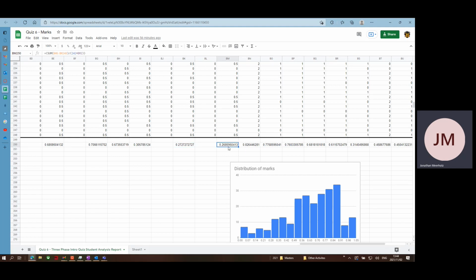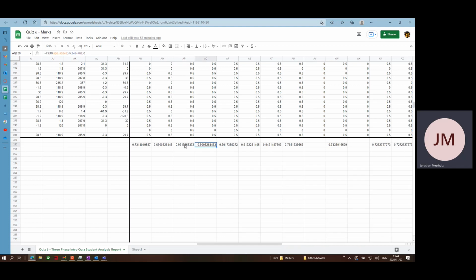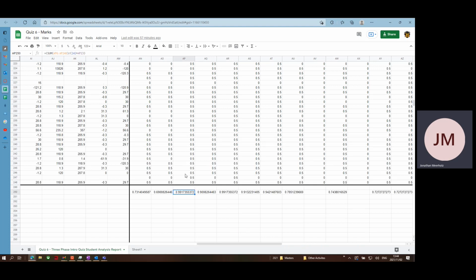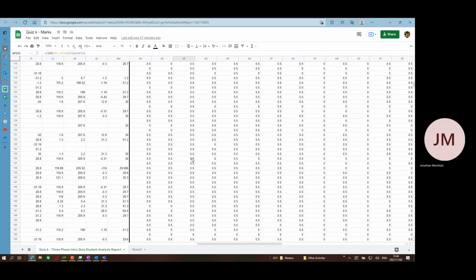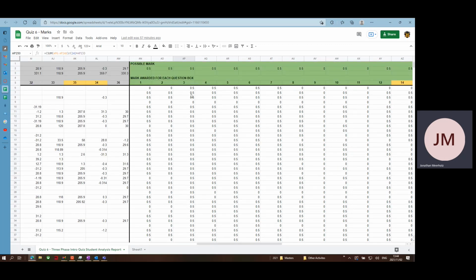So as you can see, not lots of people got this one correct, but lots of people got this one correct, and almost everyone got this one correct. It's all of these 0.5s. Probably the only people that didn't get that correct were people that were absent. So I've also marked off all the absent people. So yeah, that's that.